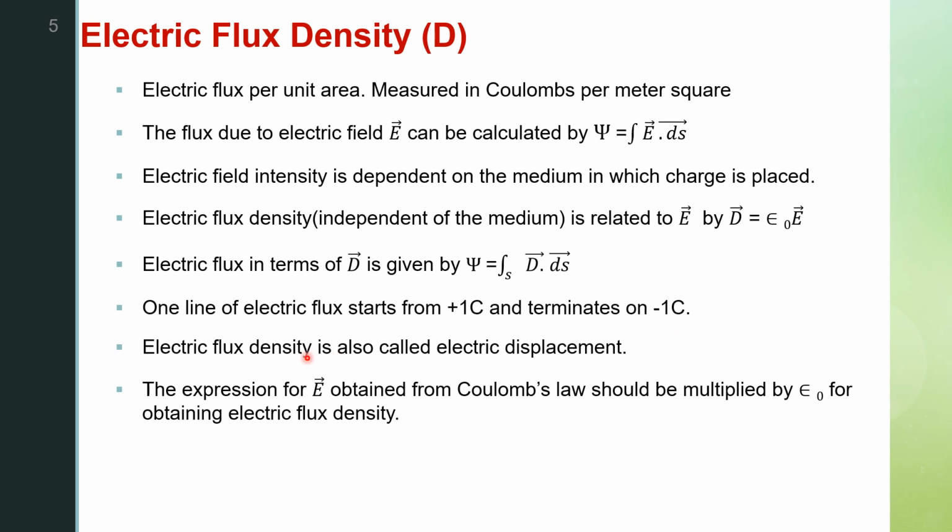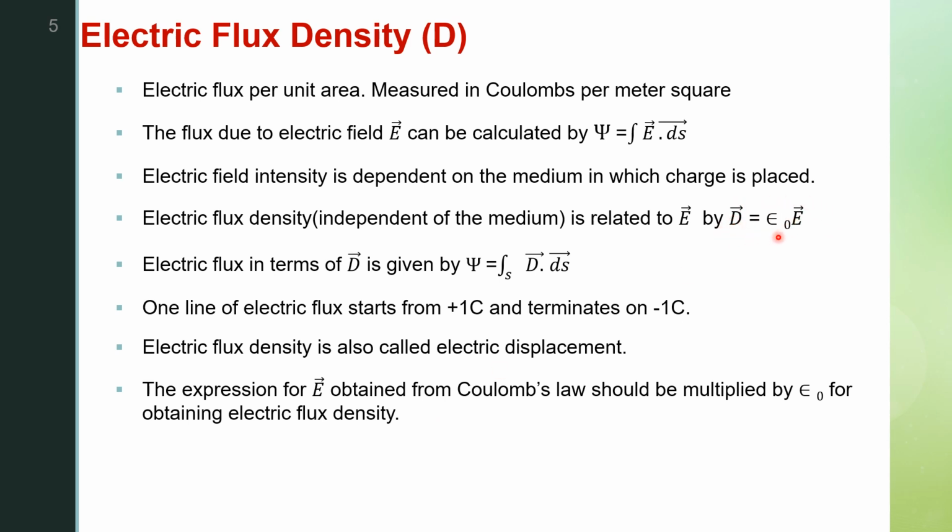Electric flux density has another name, that is electric displacement. The expression for electric field intensity obtained from Coulomb's law should be multiplied by epsilon 0 to obtain the electric flux density.